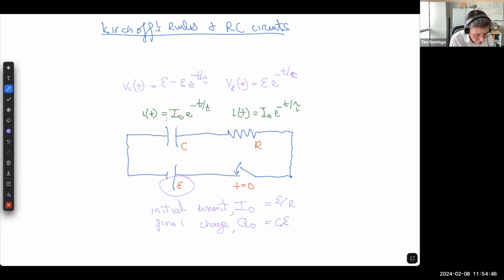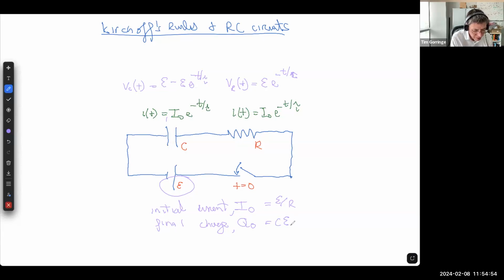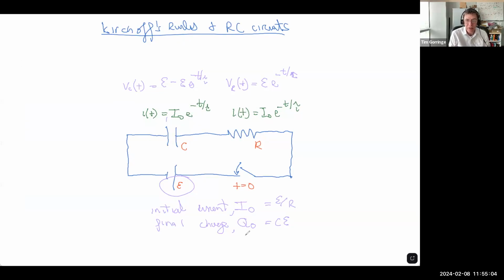So this equation, which applies at large times, just involves the capacitance and the battery and doesn't involve the resistance. And so these two equations tell us the current and the charge at the first moment we establish the circuit and at times after the circuit has fully charged up the capacitor.